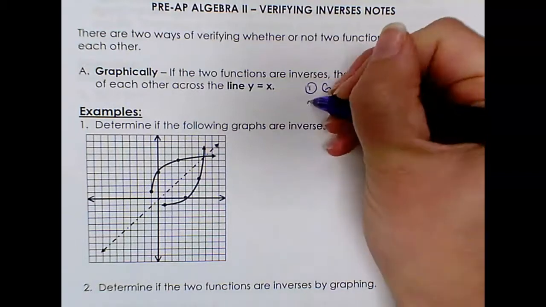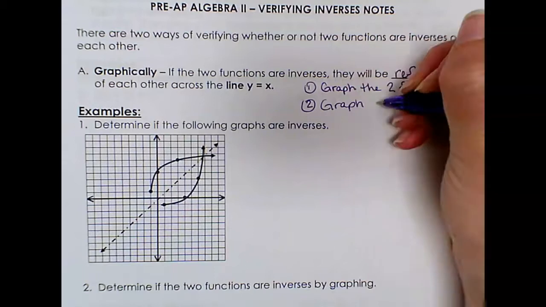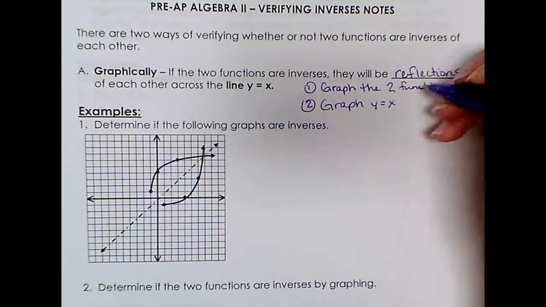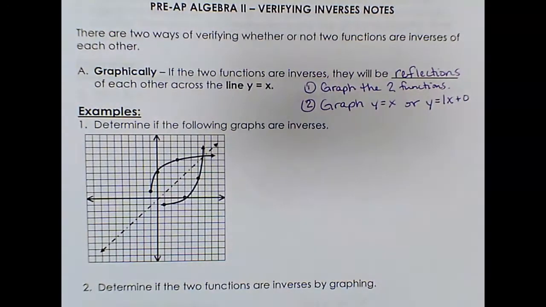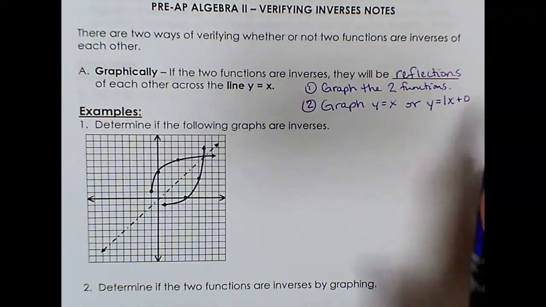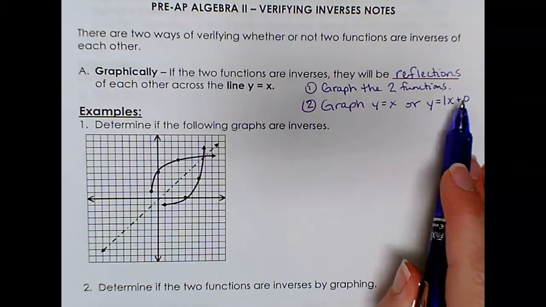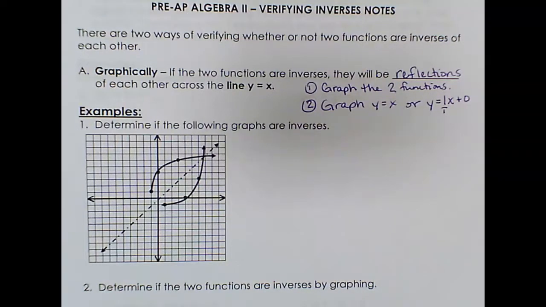The second thing you need to do is graph the line y equals x, or you can rewrite this as y equals 1x plus 0, because it means the same thing as y equals x. It's the linear parent function with a y-intercept of 0 and a slope of 1, or 1 over 1, to help you graph.